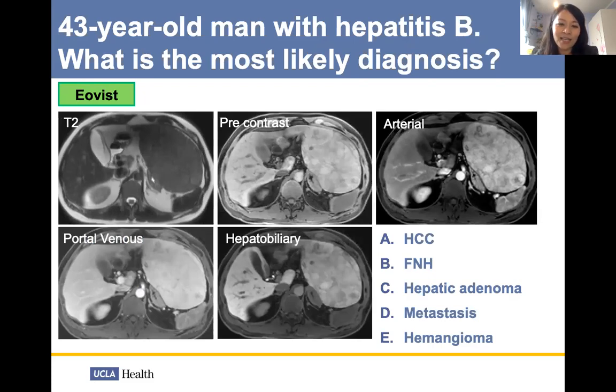I want to give it a 5, but I can't because it doesn't fit the classical features. I would recommend biopsy, LR-4 or LR-M, because it could be a green HCC, but you can't call it a 5.